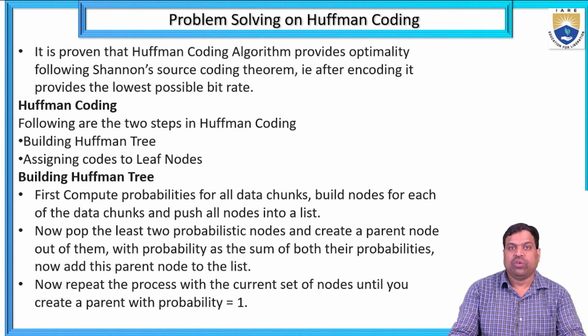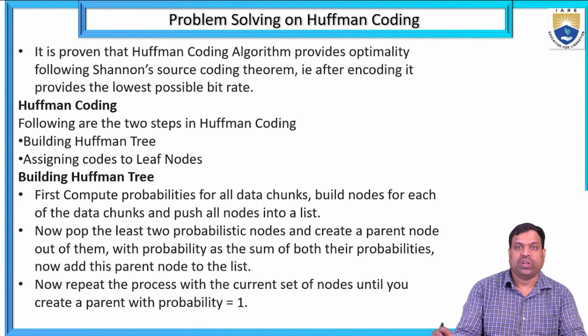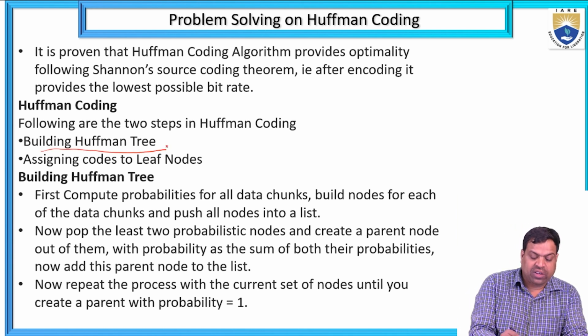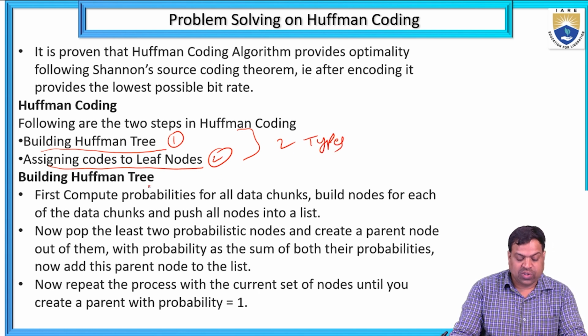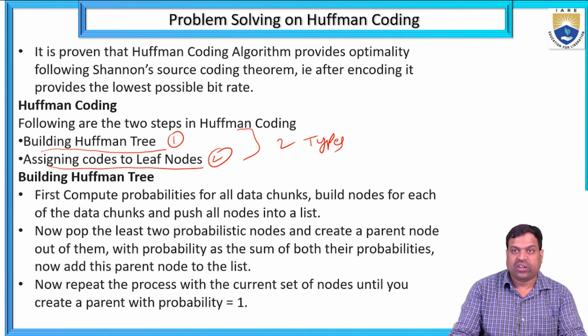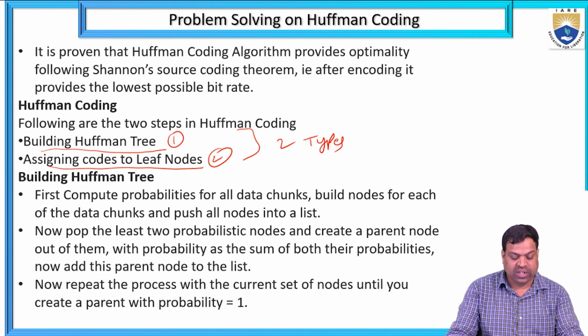So when we are going for Huffman coding for the lossless algorithm, the following are the two steps for Huffman coding. First one is building the Huffman tree, and then assigning codes to leaf nodes. In building the Huffman tree, first compute probabilities for all data chunks, build nodes for each of the data chunks, and push all nodes into a list.